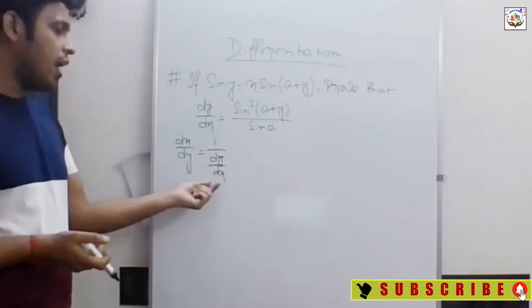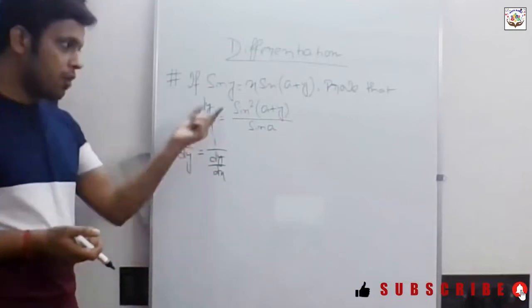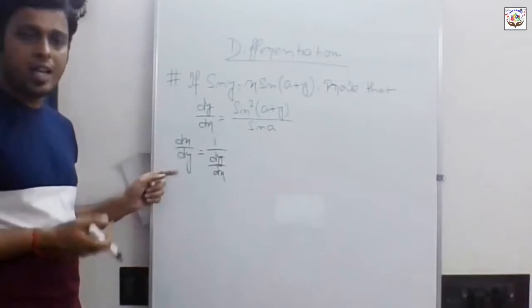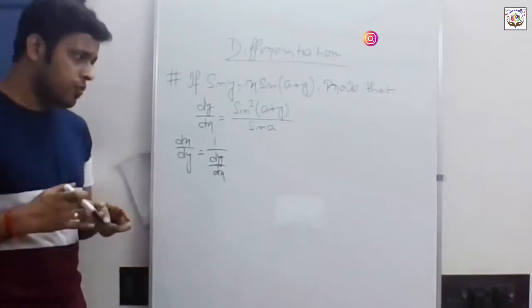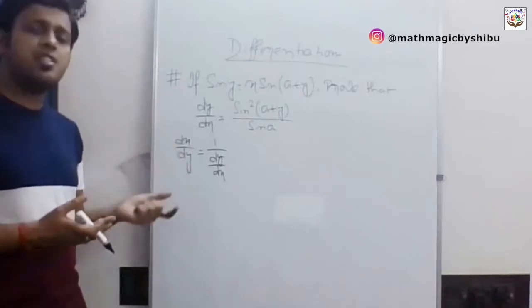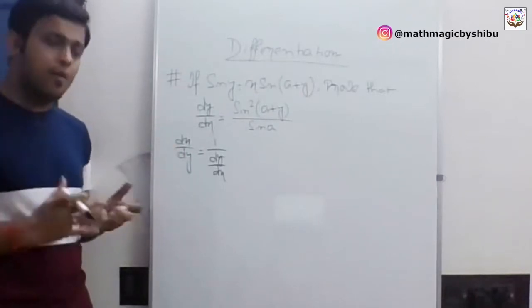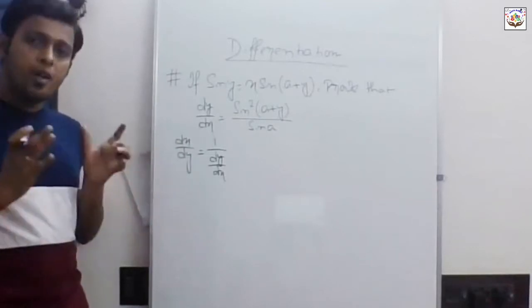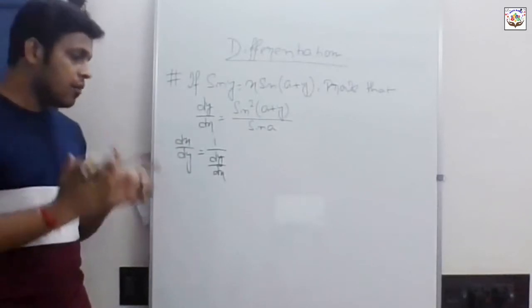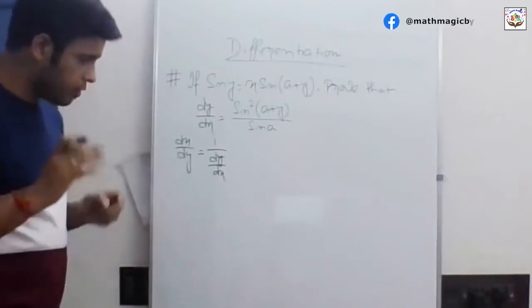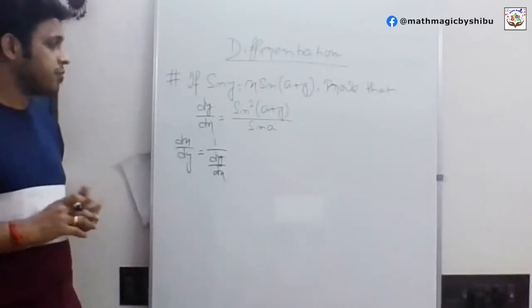So instead of finding dy/dx directly for this problem, we will solve for dx/dy first. Till now, for almost every problem, I guess, I have been solving the differentiation in terms of x, I mean with respect to x. But for this problem, we will differentiate in terms of y. Just see, I mean.